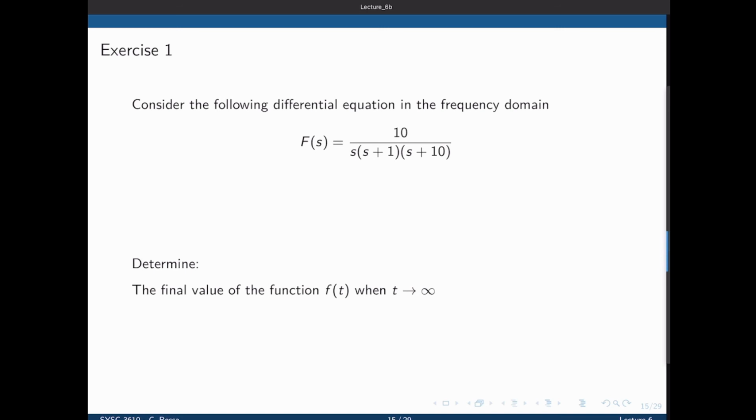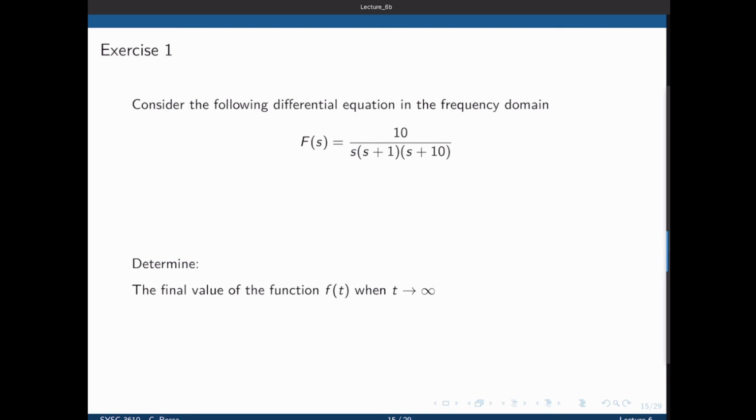All right, and then let's do the hard way as well, just to compare. Let's do it by finding the inverse Laplace, and then setting time to infinity, which is an equivalent way, just a bit more time consuming. The advantage of doing that in the temporal domain, of course, is the fact that we have the entire function and we know the transient of the function.